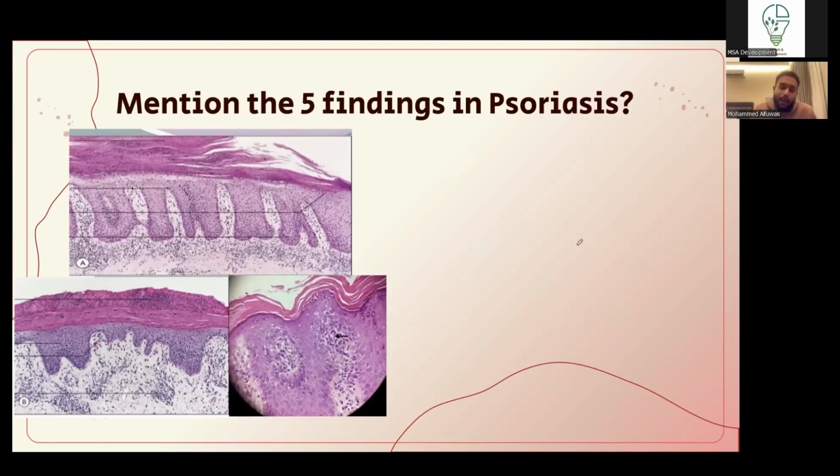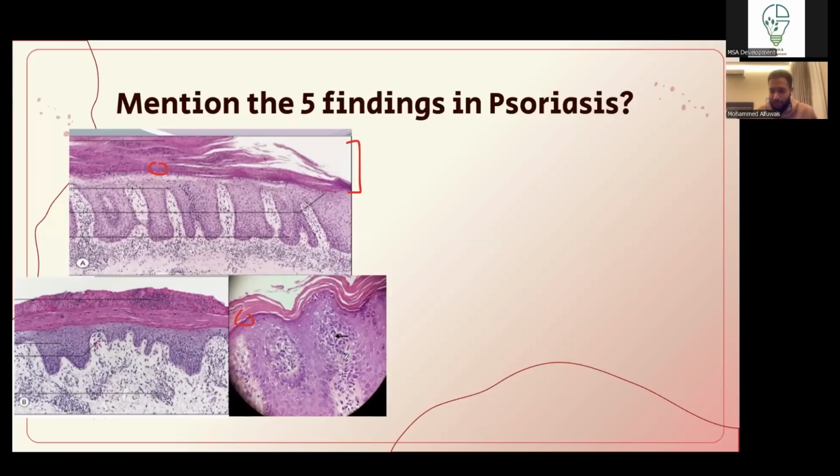Let's start one by one. Firstly, what's happening in the stratum corneum? Is it hyper or parakeratosis? Can you see nuclei? I know it's far, but you can see some nuclei here. As I said, what is the difference between hyper versus para? Parakeratosis is hyperkeratosis plus retained nuclei.